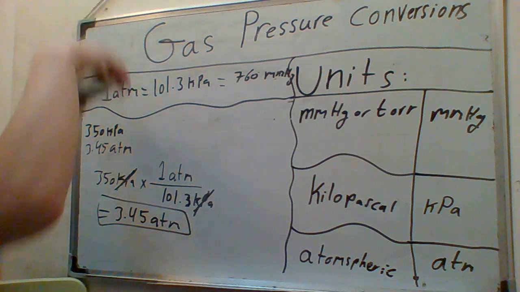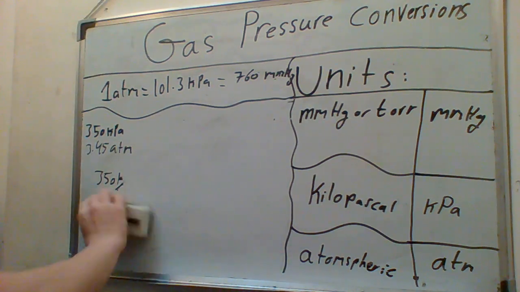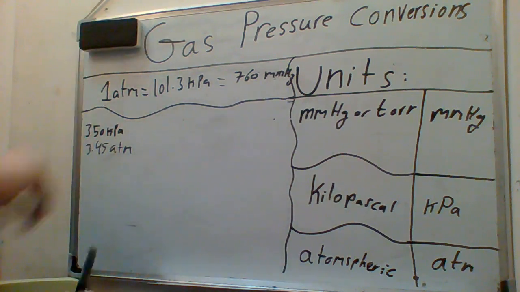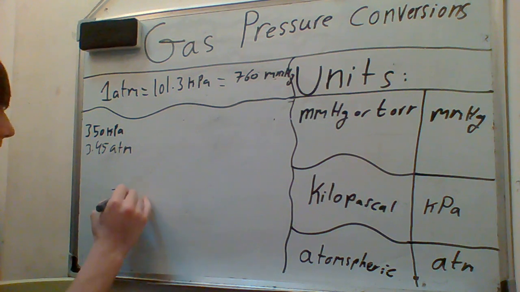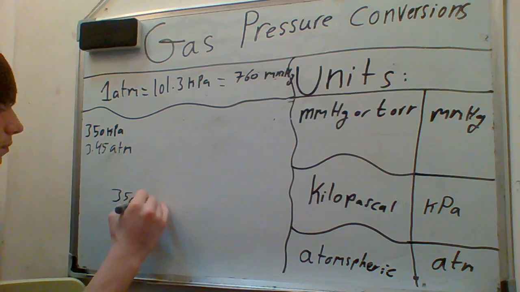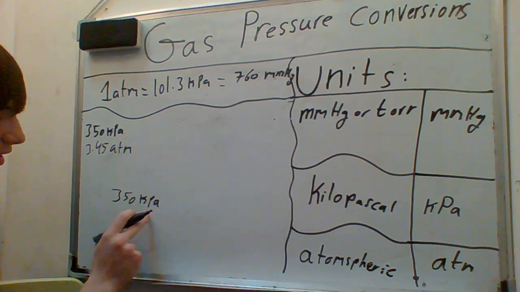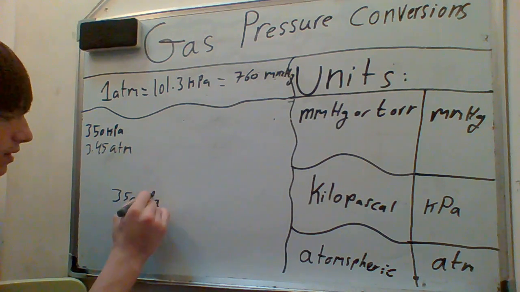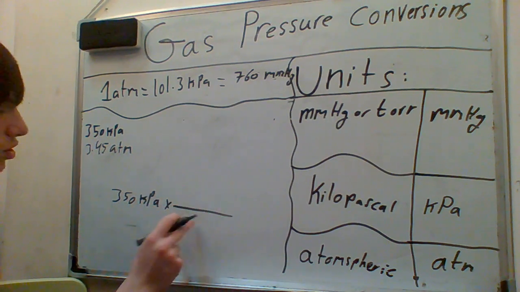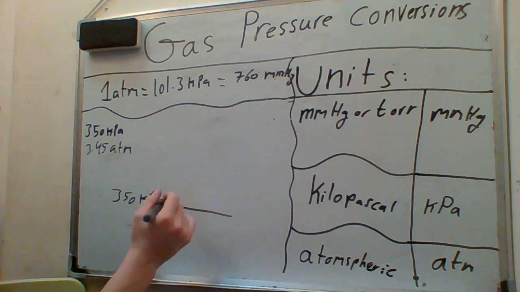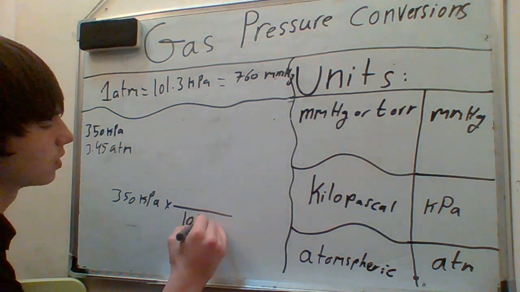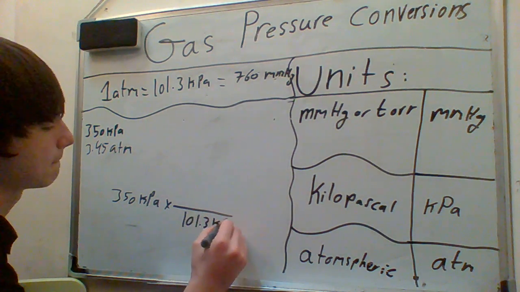The last thing to do is convert it to torr, or millimeters of mercury, and we'll be done for today. We write 350 kPa. We want to cancel kPa, so we write the unit downwards: the standard number 101.3 kPa.